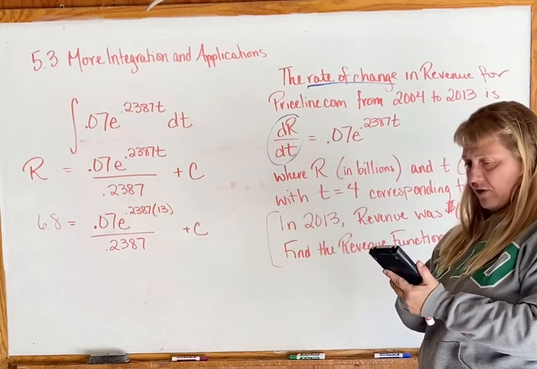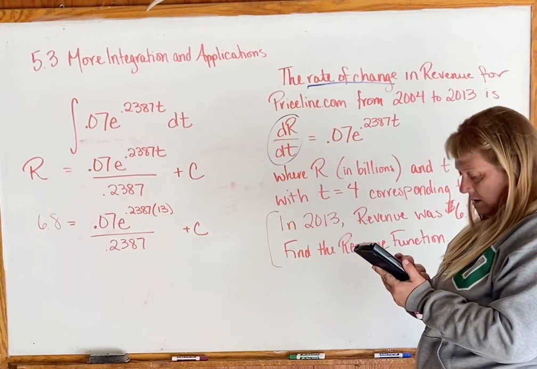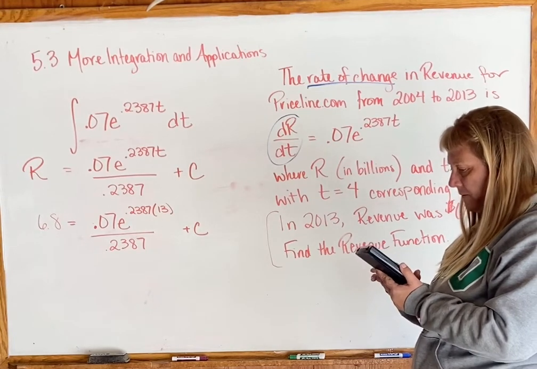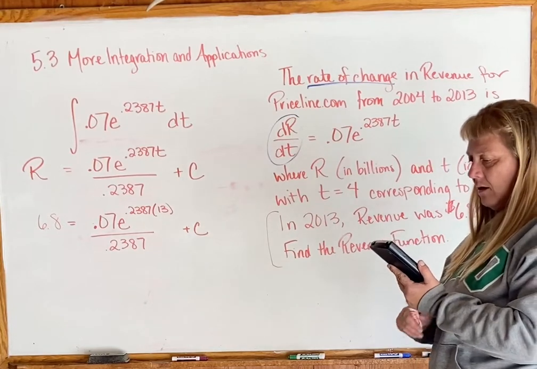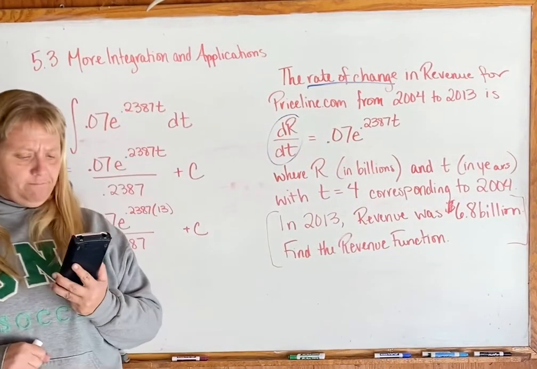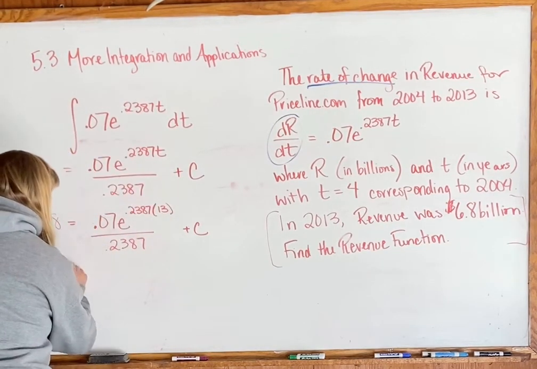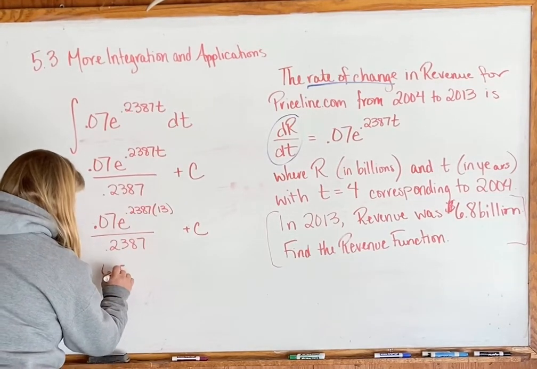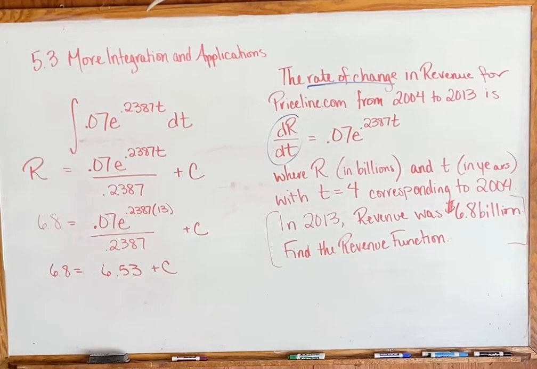It's going to be some ugly fraction, but we need to figure it out. 0.07 e to the 0.2387 times 13 divided by 0.2387. Okay, let me make sure I put it in correctly. That's good. So I have 6.8 equals 6.53 plus c. So that's what I got, that it came to about 6.53.